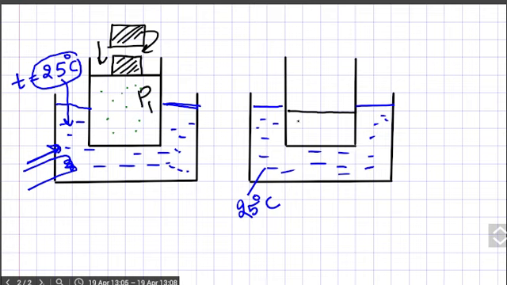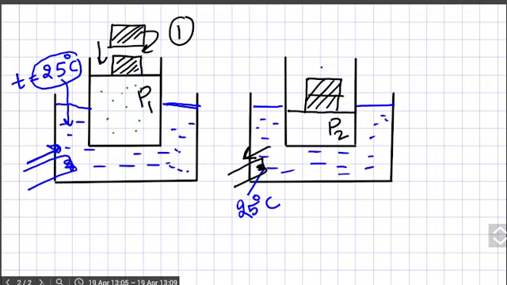The piston will come here, and because you have put this much weight, the pressure now inside it is P2, and whatever heat it will create by compression, you will take this heat out through this process, so that the temperature can be maintained at 25 degrees centigrade. So this is your process.